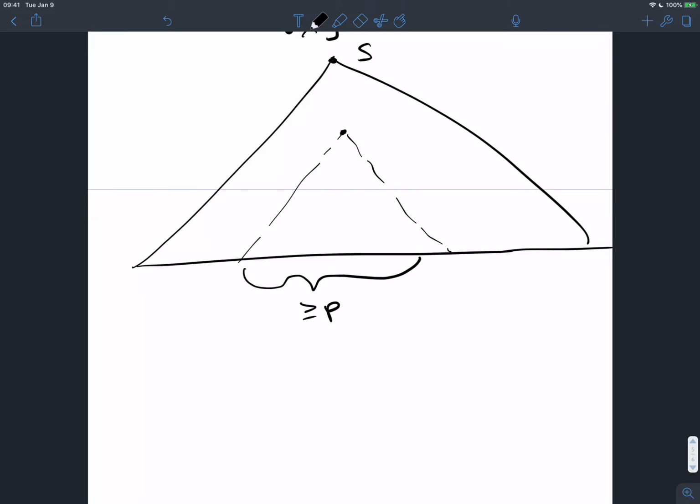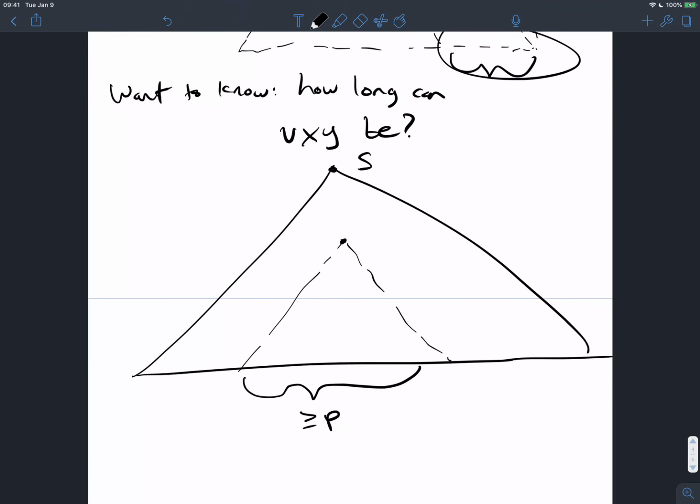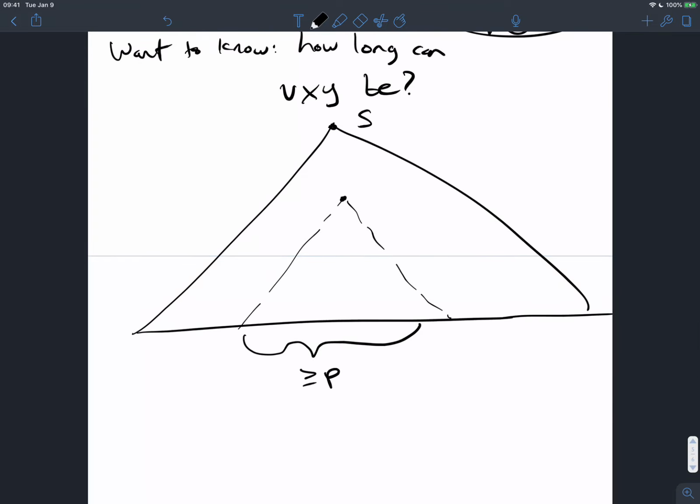Yeah, because of the pigeonhole principle. Even if I make the entire tree have the leaves be of length exactly p, then I still see the pattern. So if I imagine that this is like a little parse tree inside this larger one, then I still see this pattern.